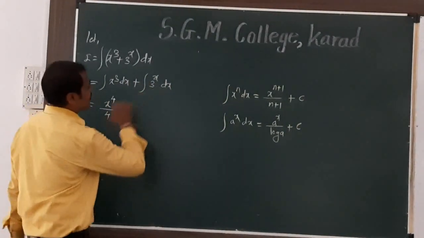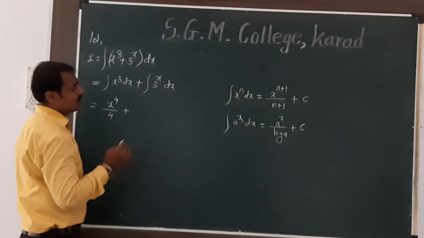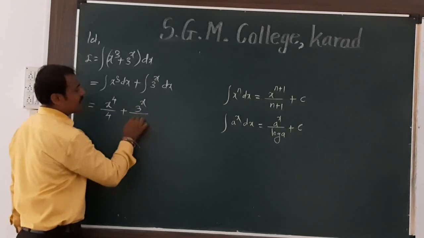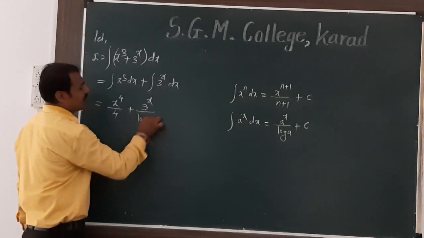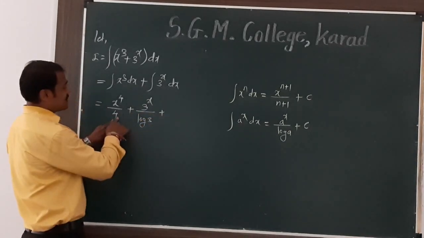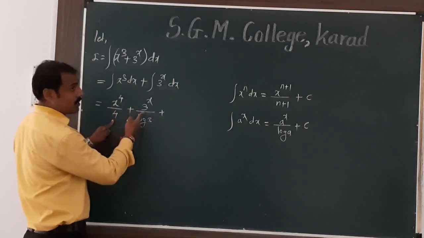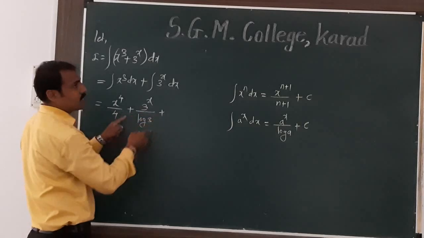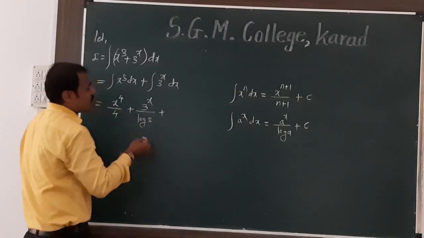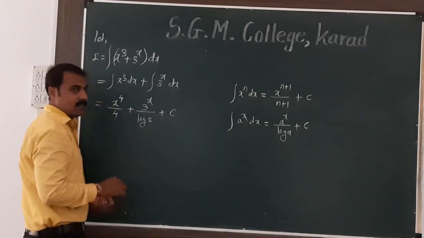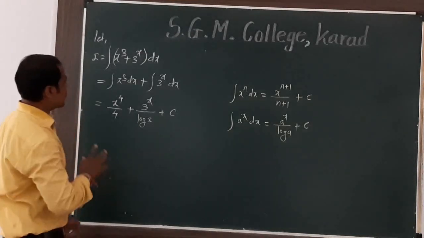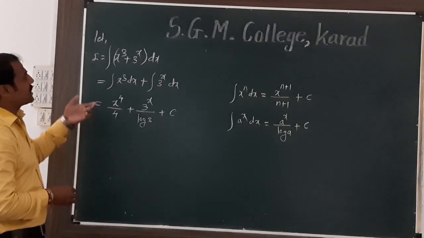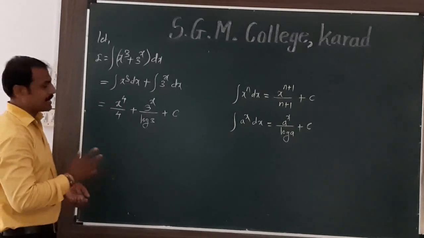So integration of 3 raised to x dx is 3 raised to x divided by log 3. Here it is x raised to 4 divided by 4 plus c1 plus 3 raised to x divided by log 3 plus c2, and c1 plus c2 is again a constant, so I am writing it only once, as c. It is our answer to the question, find the integration of x cube plus 3 raised to x dx.